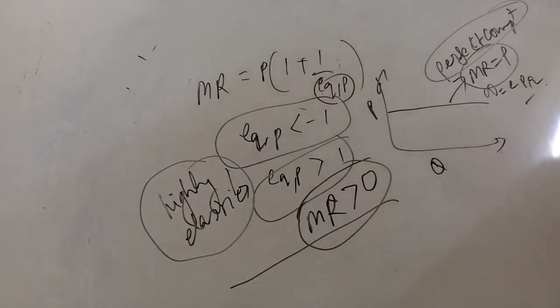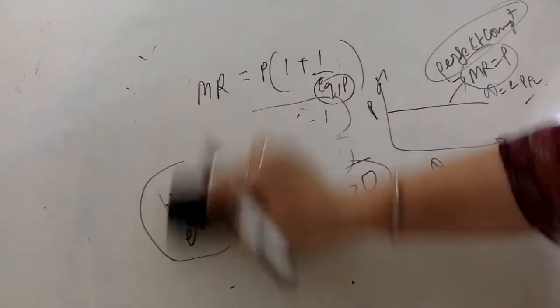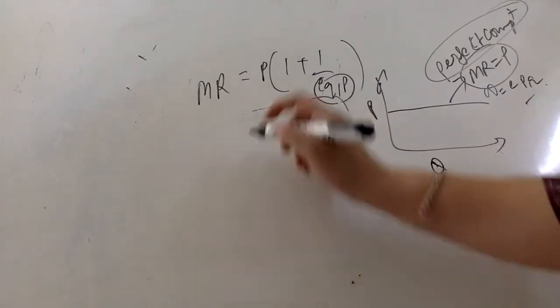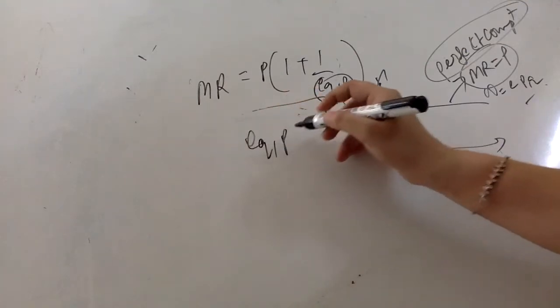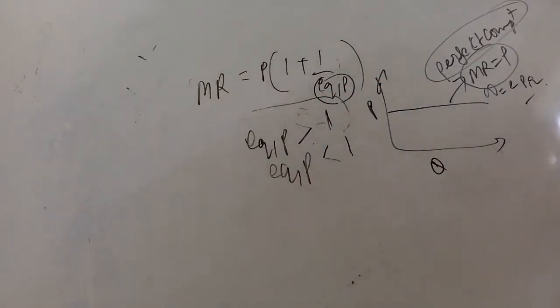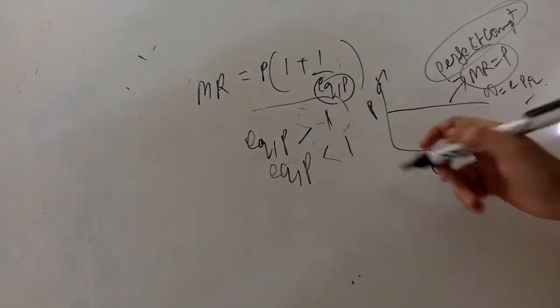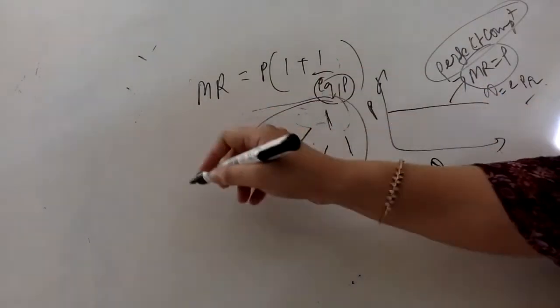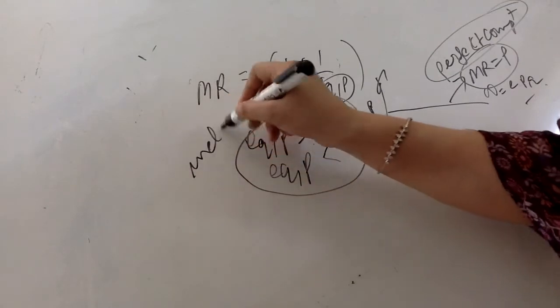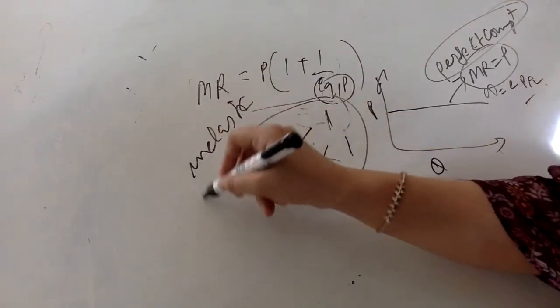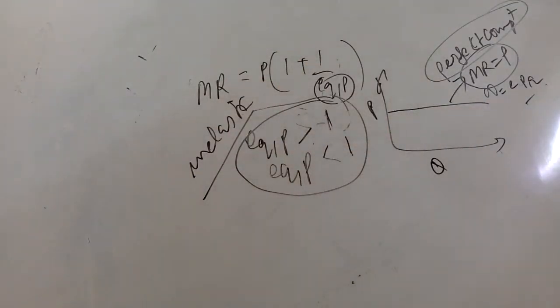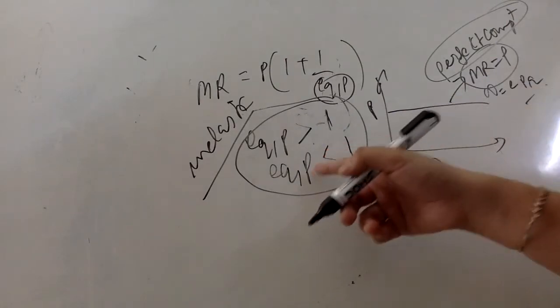Now the third case, an inelastic situation in which elasticity is greater than minus 1 and less than 1. In that case we can say it's inelastic, right? Let me put a value of elasticity.